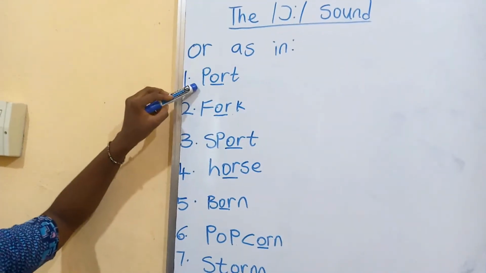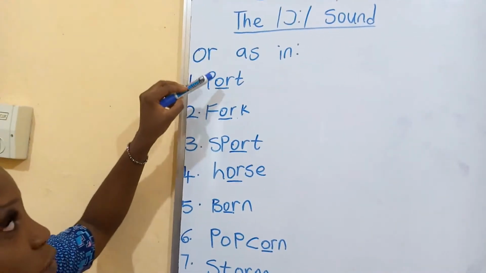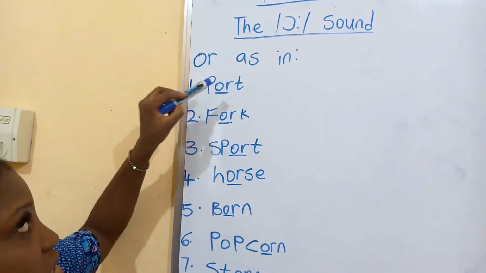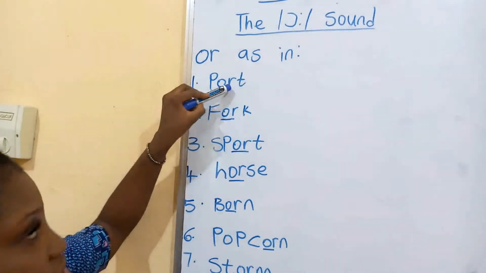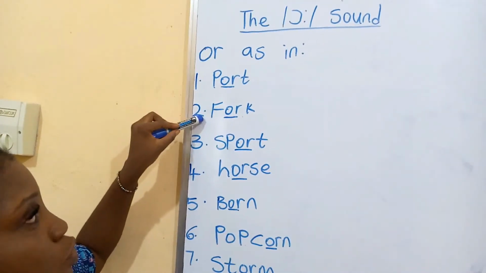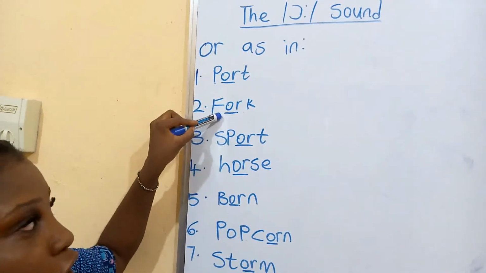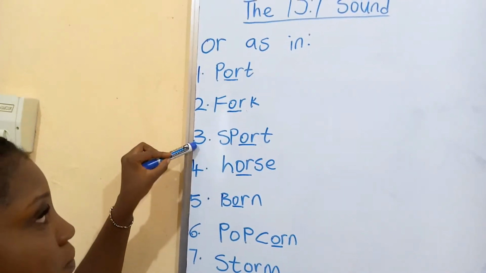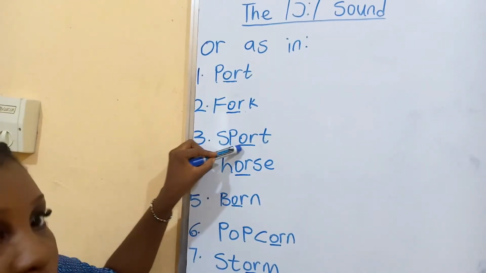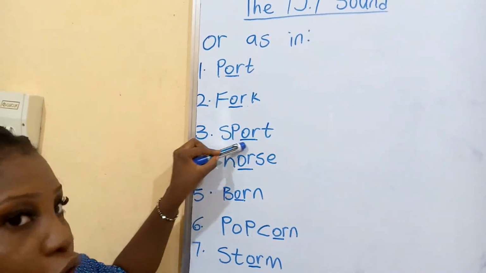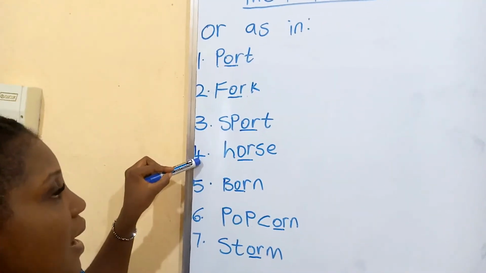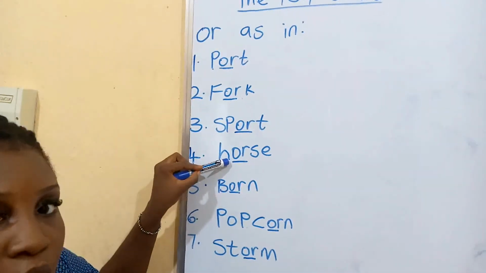The first one was what? Who can remember? We have what? Part. Is what? Part. And the second one was what? Fork. Is what? Fork. And we have what? Sport. Is what? Sport. And the fourth one was what?